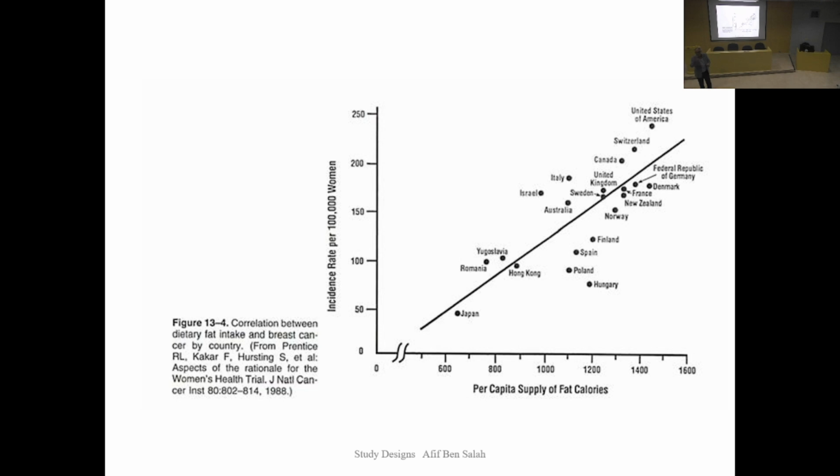And we cannot generalize the incidence that we find here for the US to all individuals in the US. This is the main conclusion that you must keep in mind. The unit of measurement is not the individual, it's the country, it's a group of individuals, and we cannot generalize the results to individuals in this country or in other countries. Okay.